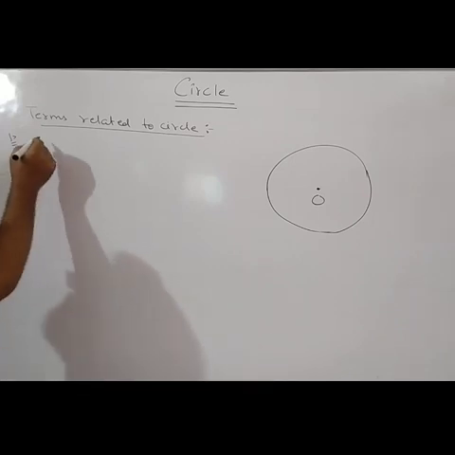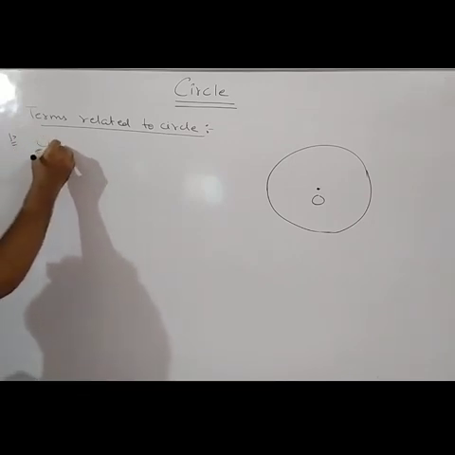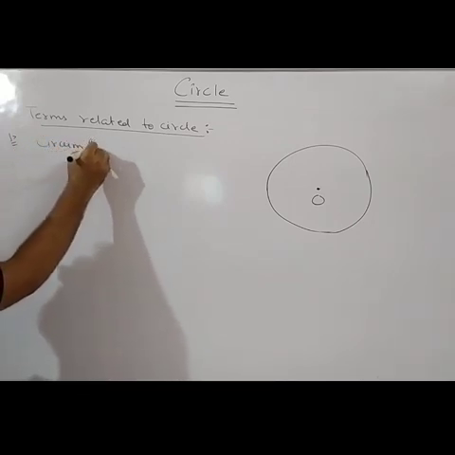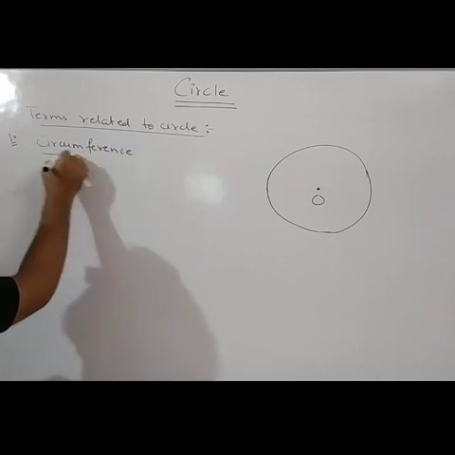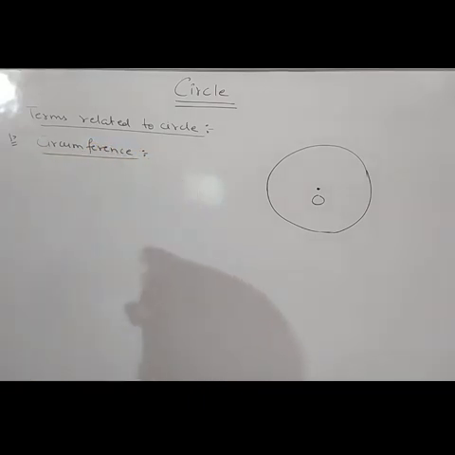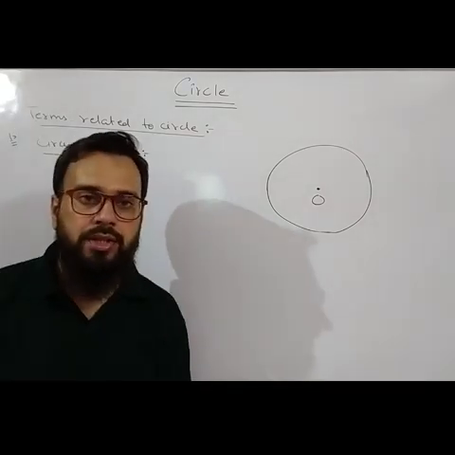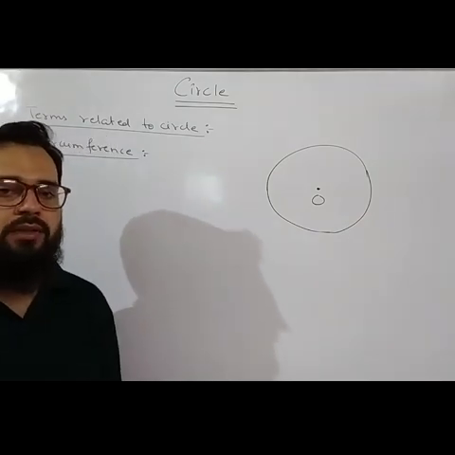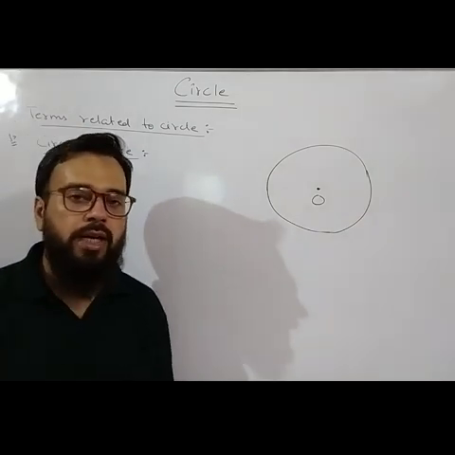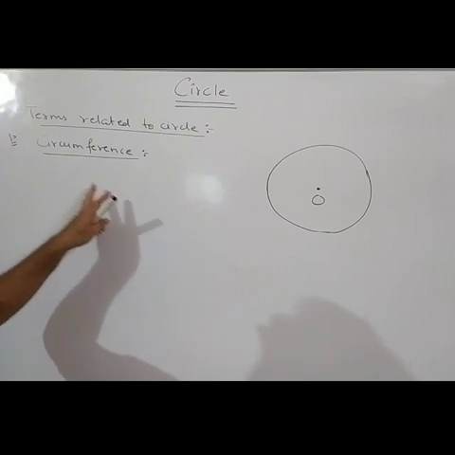The second term is circumference of the circle. So what is circumference of the circle? We know about the perimeter. You have heard about the word perimeter of a plane figure, that is a rectangle, square. Same is the circumference.